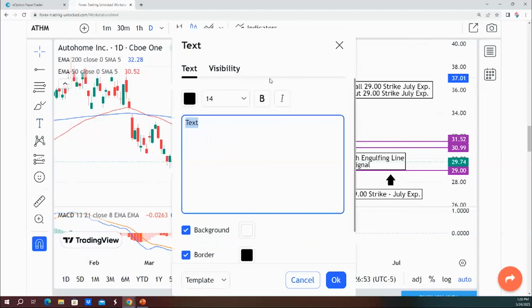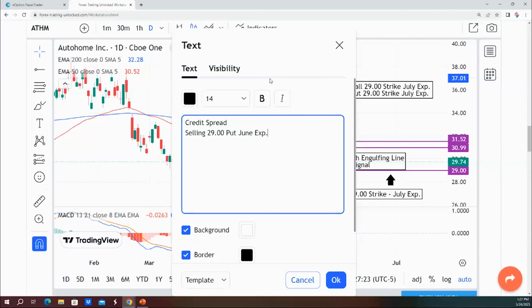So for a credit spread, we would be selling the front month put, or the closest strike put. So we would be selling the $29 put with a June expiration.